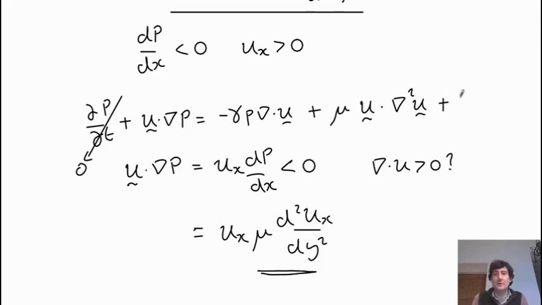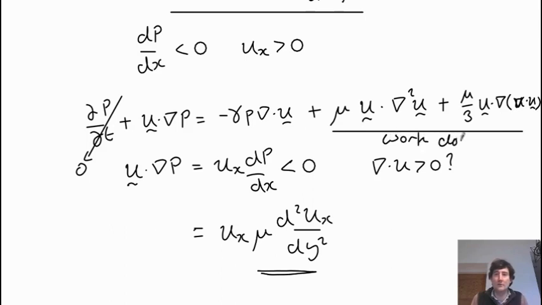And if we got this term, we must have the other term as well. So in general we'd have a mu over 3 u dot grad divergence of u. So these terms are coming from the viscous heating. So this is the change in pressure and the work being done by the fluid in order to drive. This is work done against viscosity.